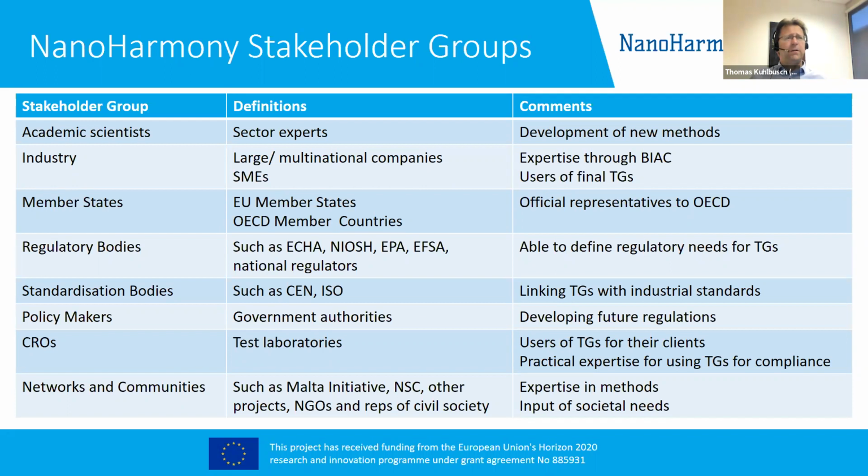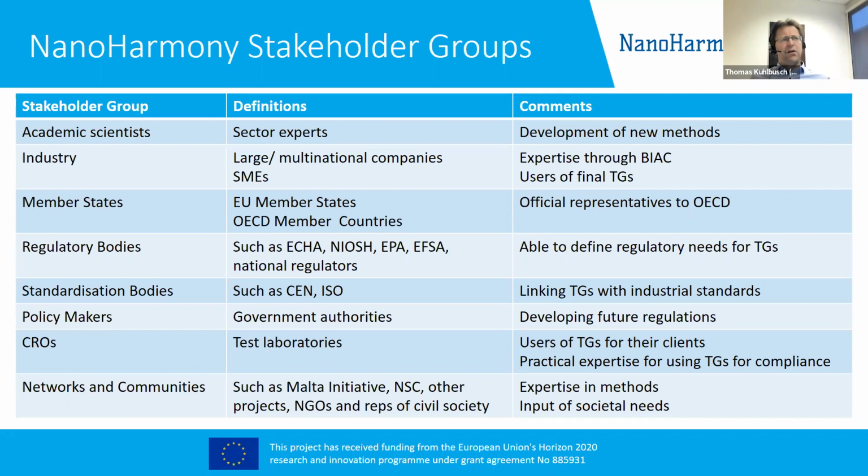Then we see also regulatory bodies: ECHA, NIOSH, EPA, EFSA, and national regulators from Germany, the UK, Canada, Australia, Japan, Korea, and whatever country. Those are certainly stakeholder groups we have to keep in mind, because they make suggestions on what is regulatory needed, and they should be aware of what is actually possible for harmonization and standardization.